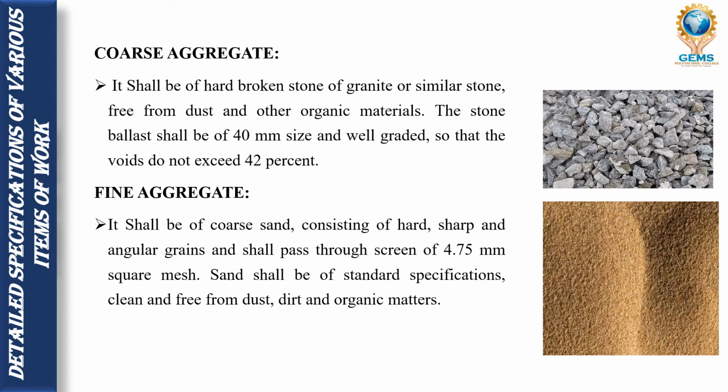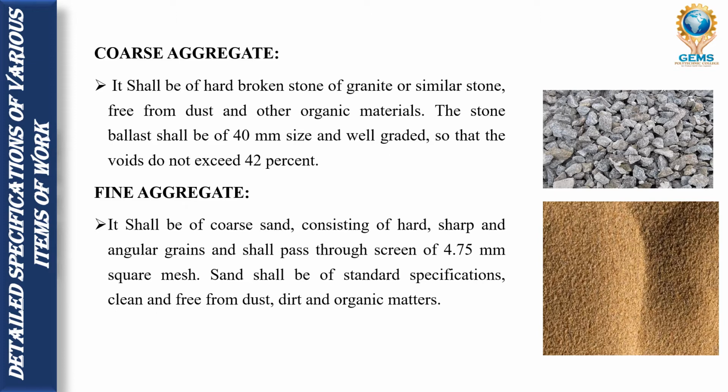If the fine aggregate passes through that 4.75 square mesh only, we can use that fine aggregate for the PCC work. So the sand shall be of standard specifications. It should be clean and free from dust, dirt and organic matters.